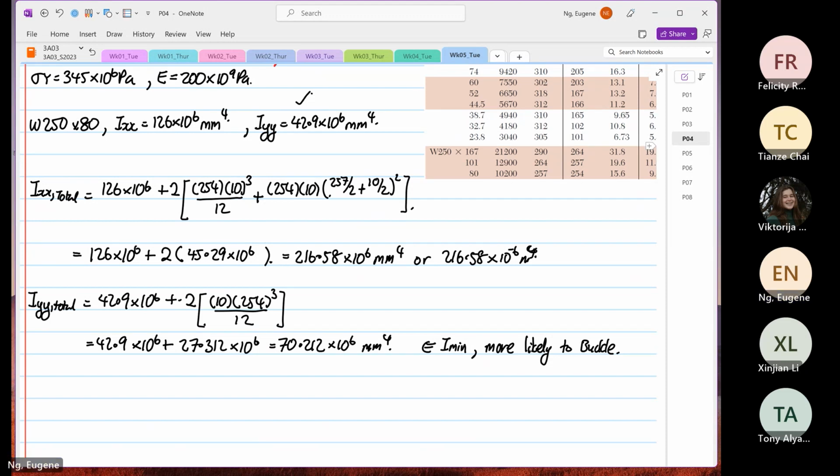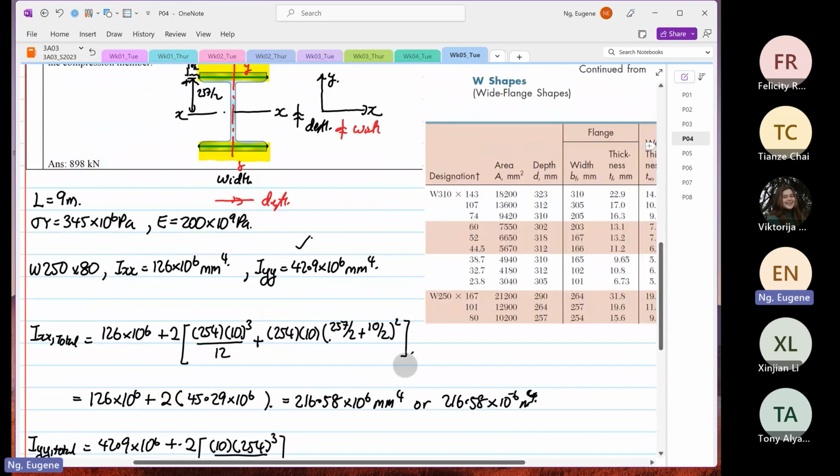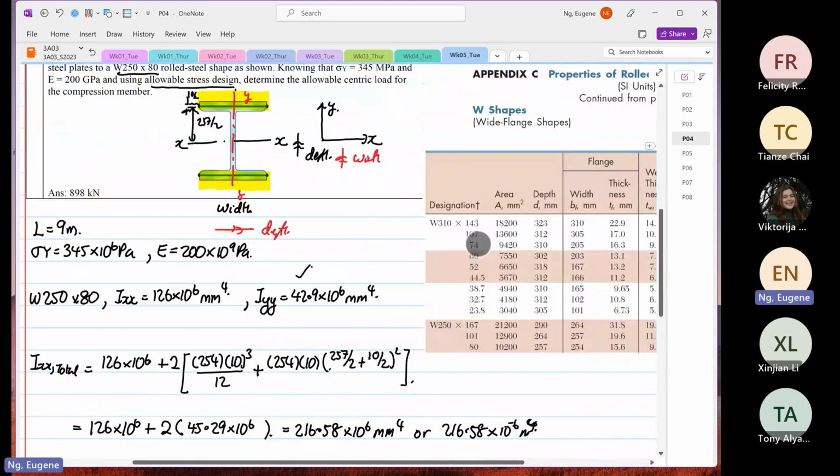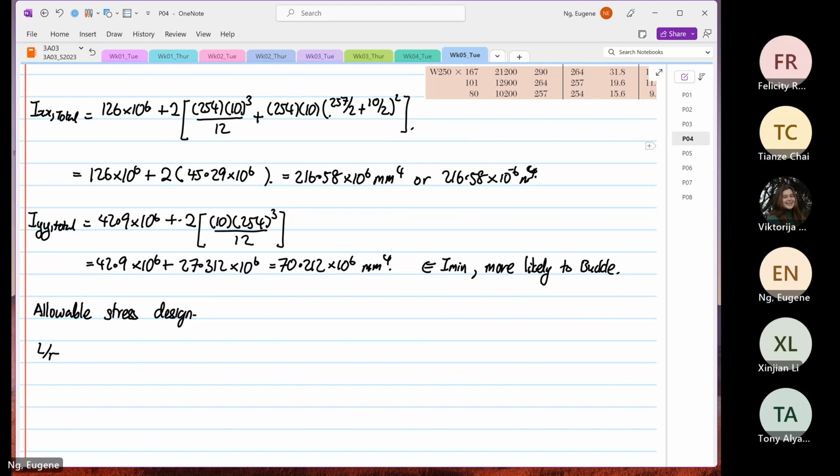Now, for the allowable stress design, the question states that we have to use the allowable stress here. So allowable stress design. The most important thing is the L over R. We have to know our L over R ratio.